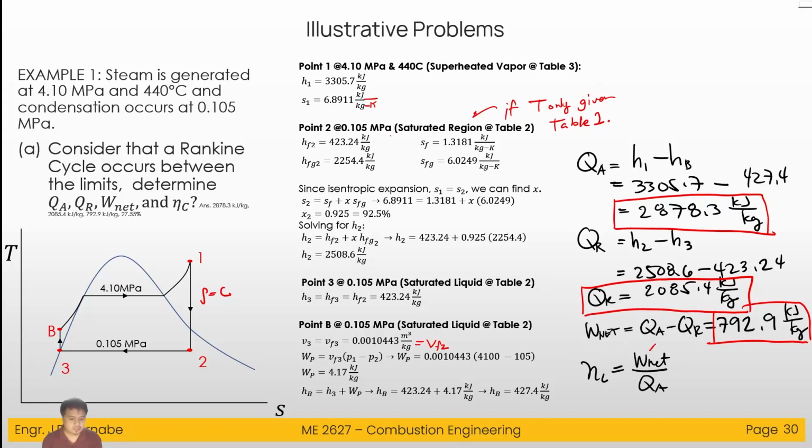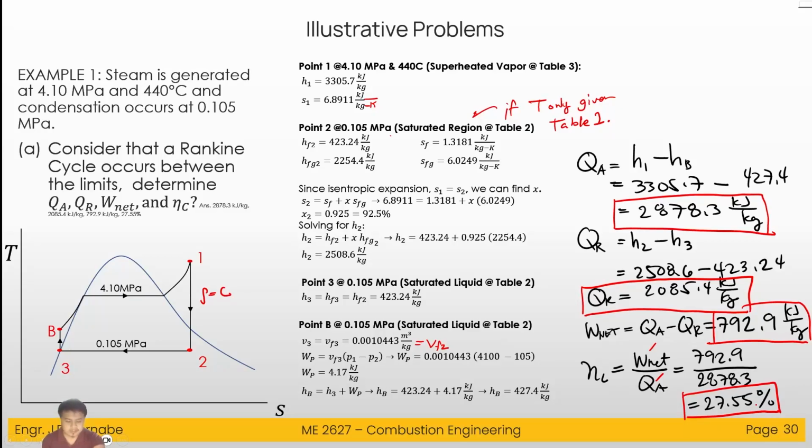So since these two are given, we can just solve this directly. 792.9 over QA, 2878.3. And therefore this should be 27.55%, not 8 percent. Okay. So that's it for A.